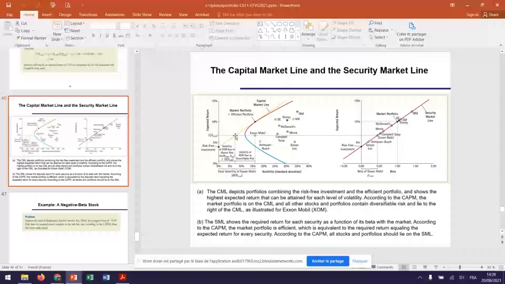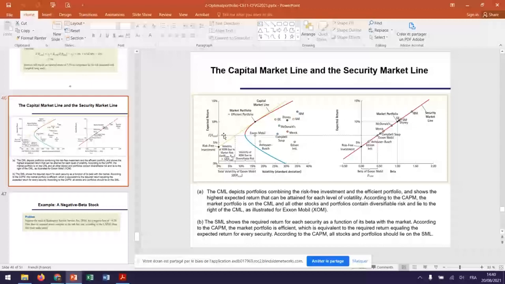Everybody see my pointer? If I cross to this, it means I can eliminate part of my volatility, from this point to the CML line. So from this point to this point is the proportion of volatility that contains the idiosyncratic risk.